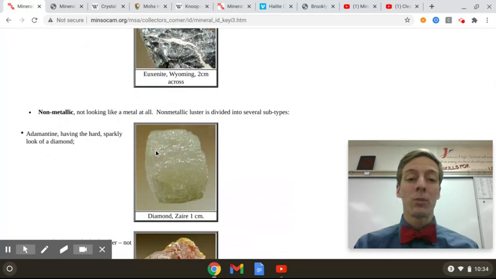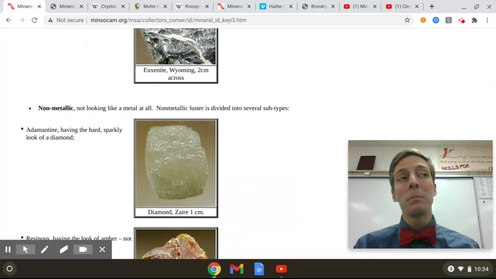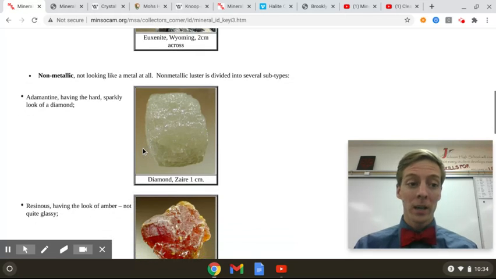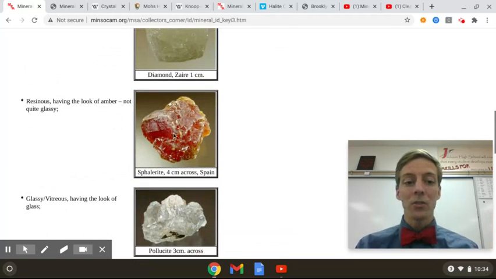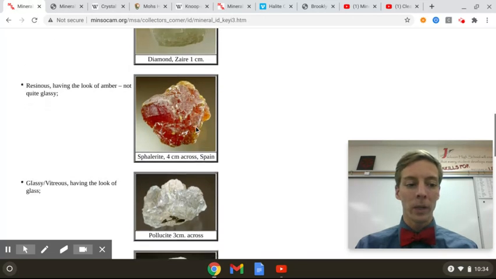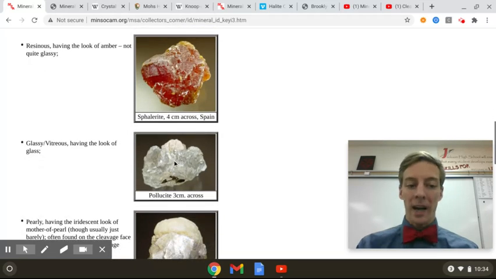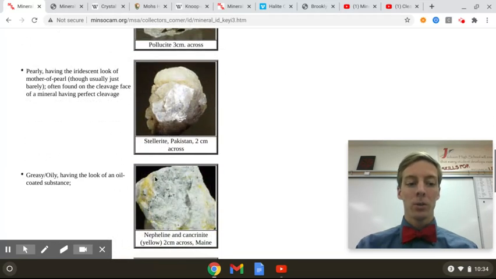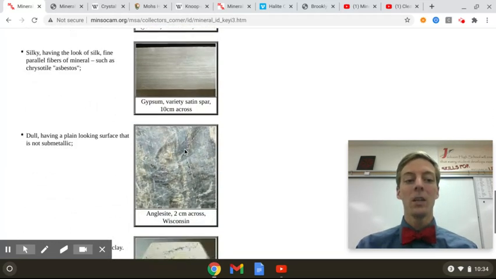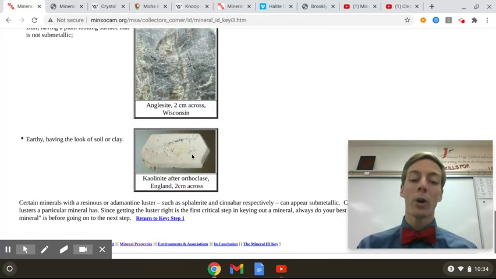Other descriptions of luster are not numbers. They're not quantitative. They are qualitative. So, adamantine, or sometimes brilliant, is diamond-like. Resinous looks kind of like a hardened resin or old wood glue. Glassy, pearly, greasy, silky, dull, earthy.